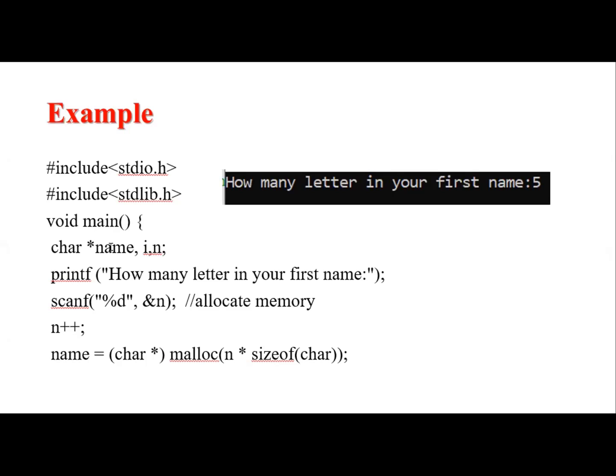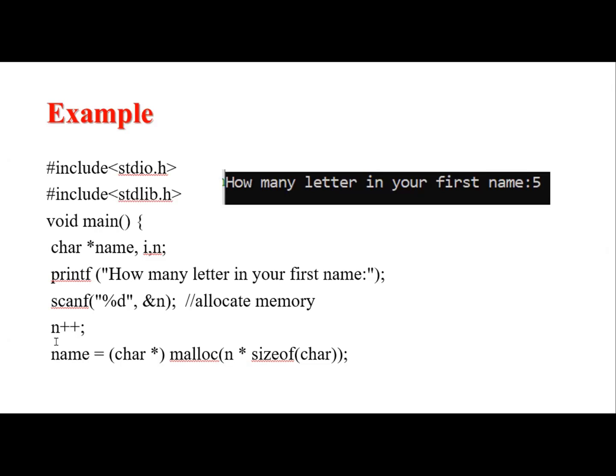Based on the user, if the user has 10, then we will dynamically allocate 10 memory. If the user has only 3 characters in their name, let's say Pam, then we will create only the 3 memory addresses required based on the user. So scanf n, we allocate it.